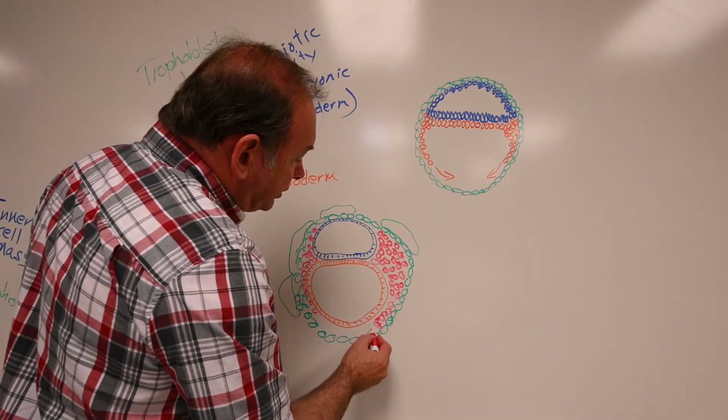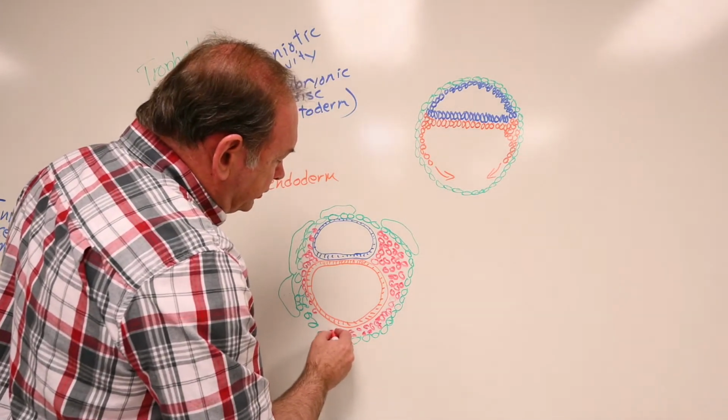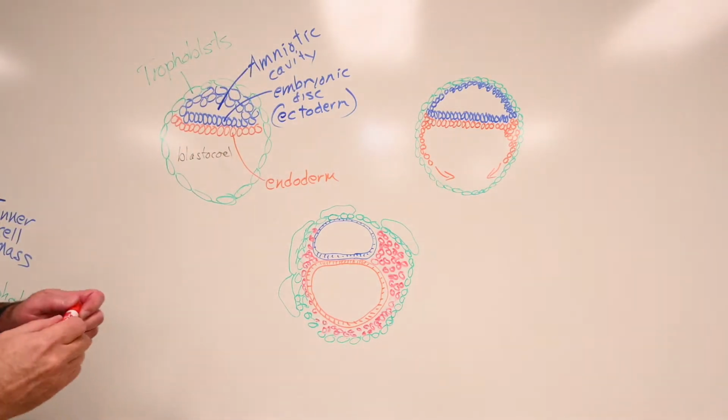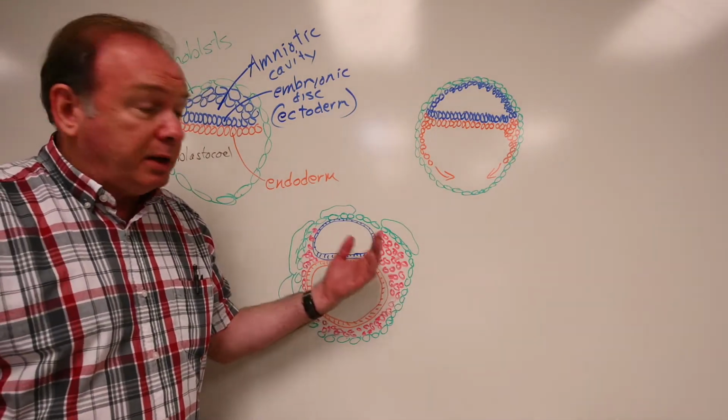This will eventually surround all of the inner structures of the developing embryo. So we have the formation of extraembryonic mesoderm.